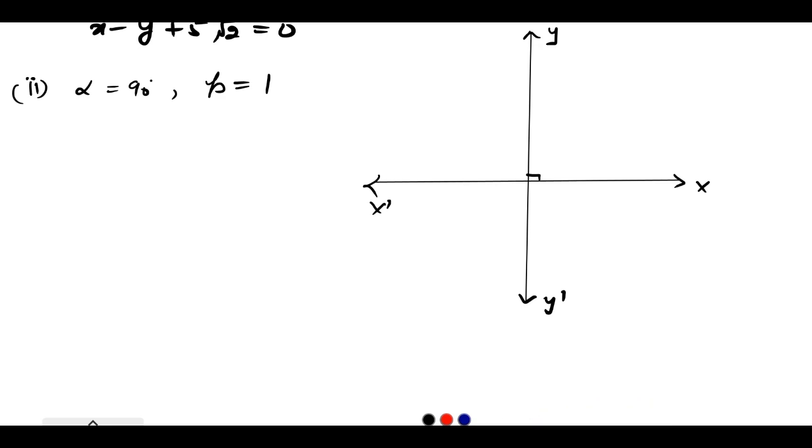And the length of perpendicular is 1. Suppose this is 1, then this is length of perpendicular, then line is like this. Now find the equation of line.